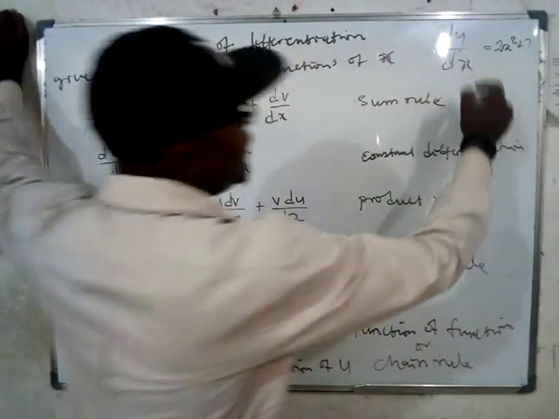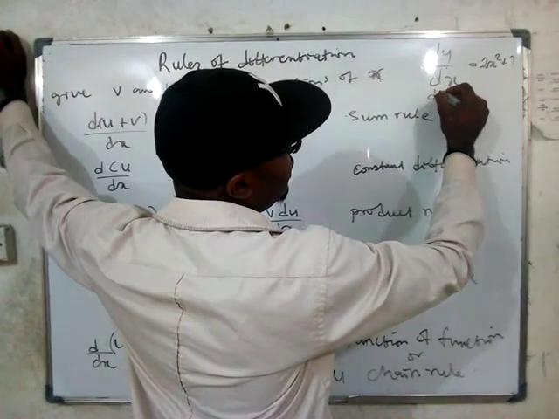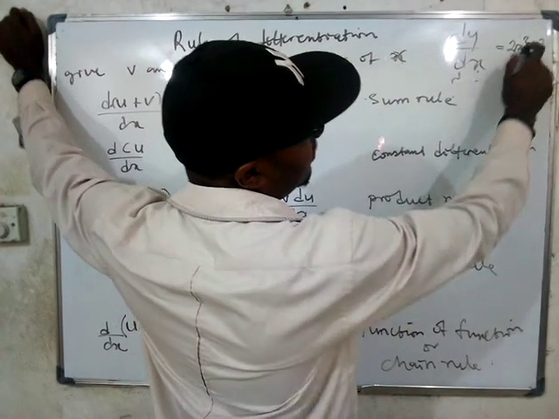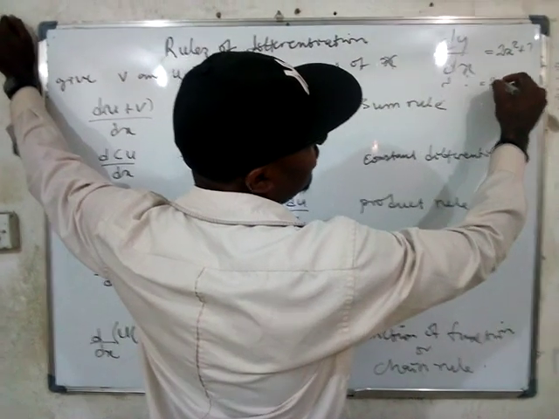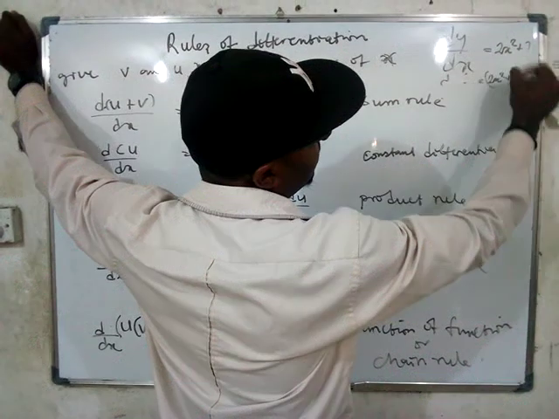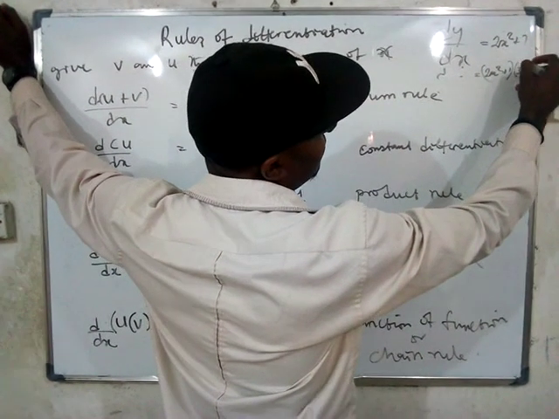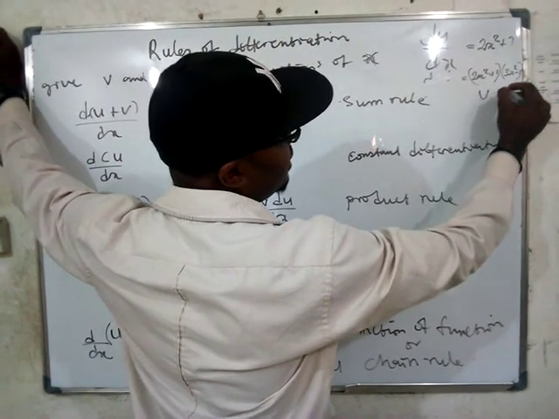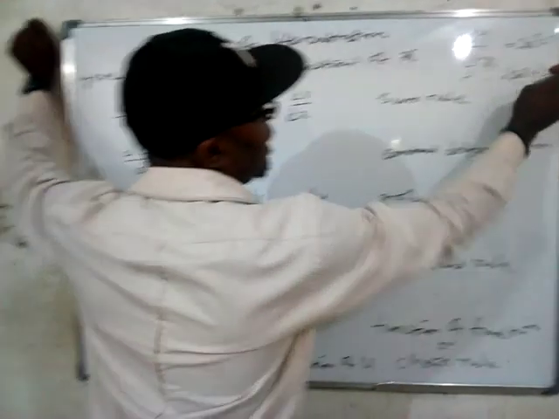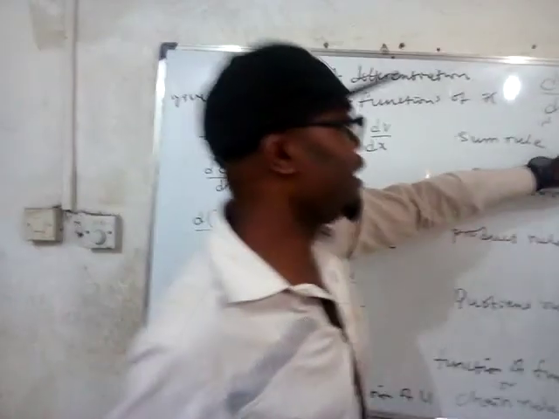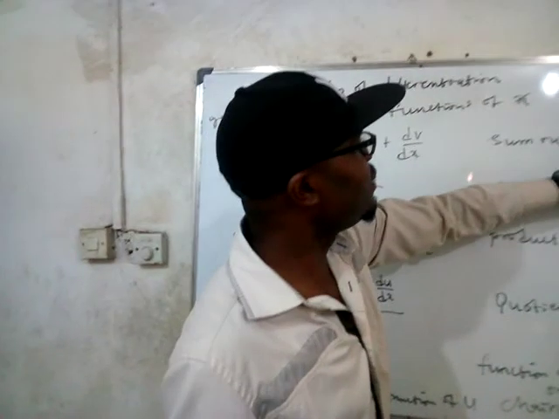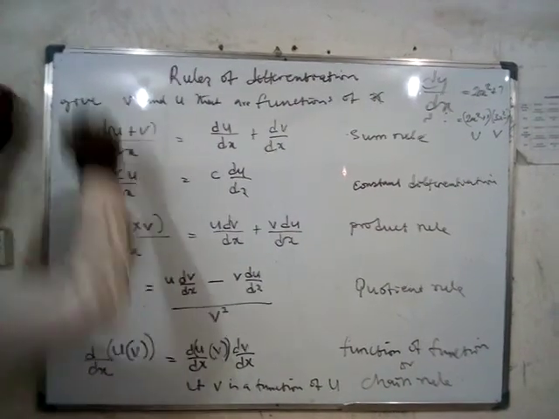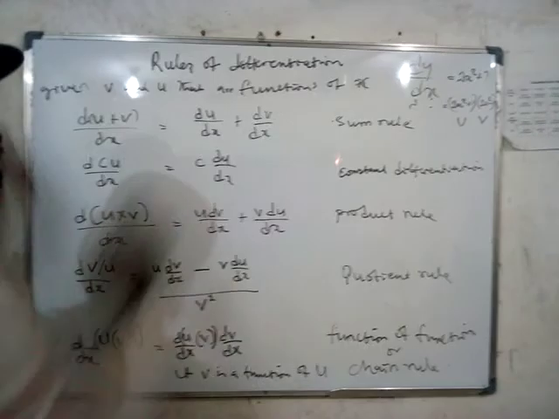Now, what if you have 2x squared plus 1 and another one, 3x squared minus 1, where this one represents u and this one represents v. You see that these two are both functions of x. Functions of x are any expression that has x in it. So let's say u is this and v is this. That's what we mean when we say given u and v that are functions of x.